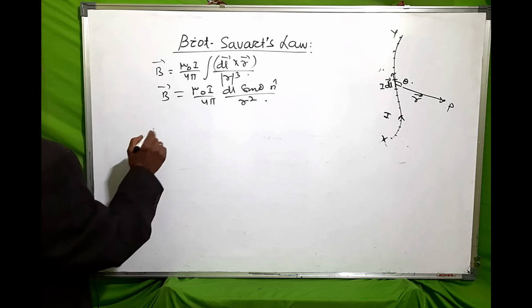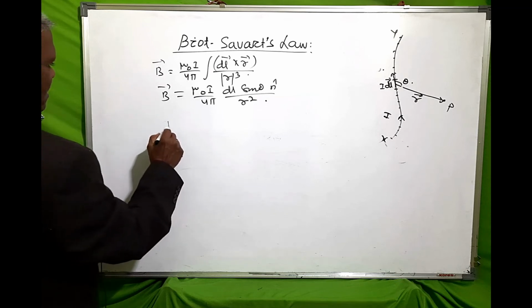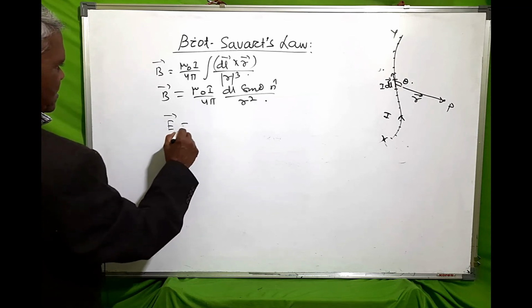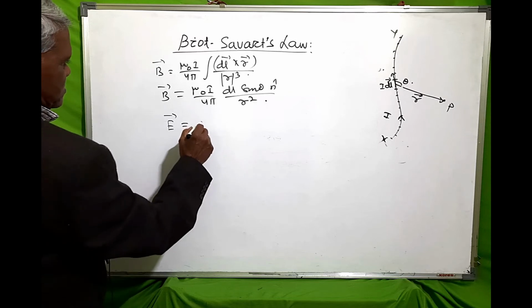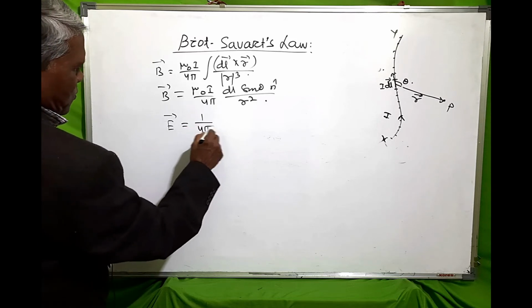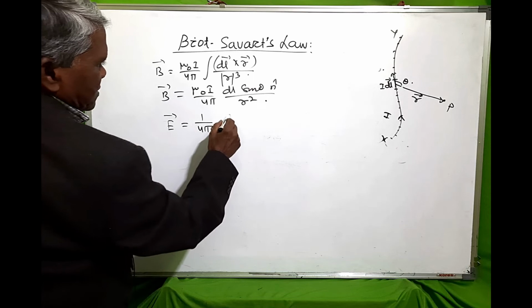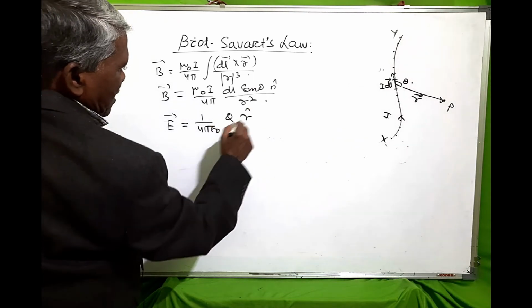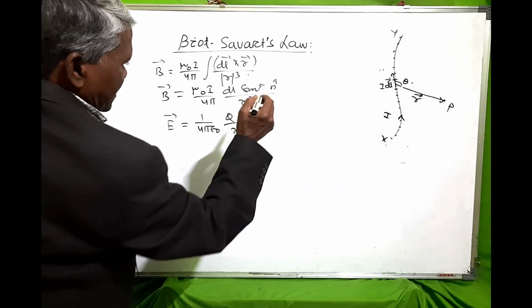And according to Coulomb's law, electric field is equal to 1 by 4 pi epsilon 0 q r cap by r square.